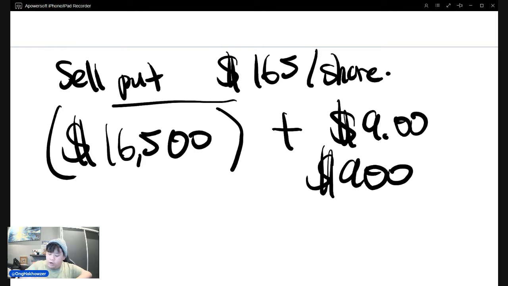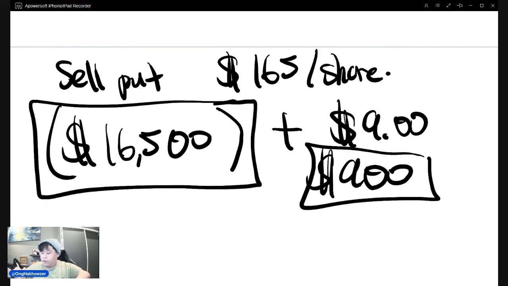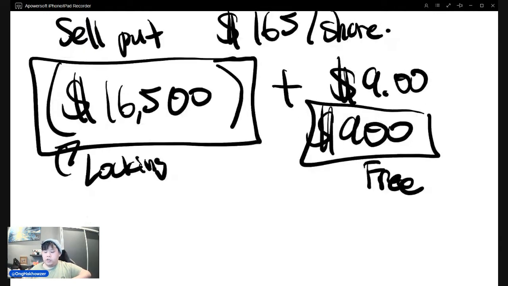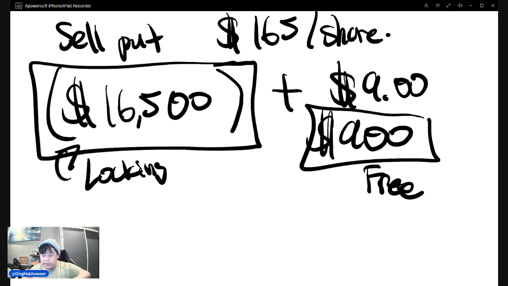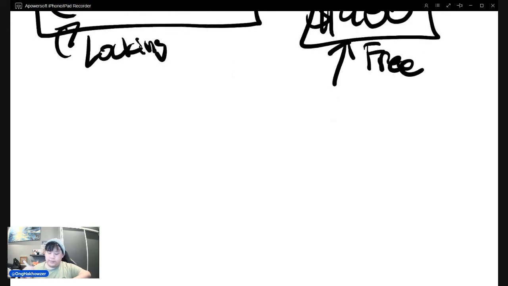You're going to lock up this much money, and you're getting $900 up front, not for free, because you're locking that amount of money up.